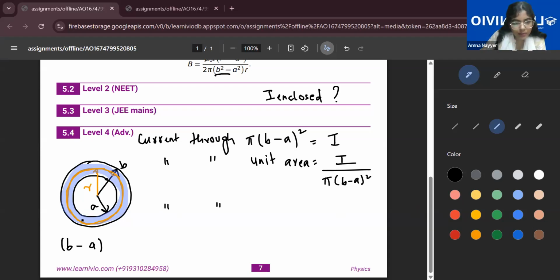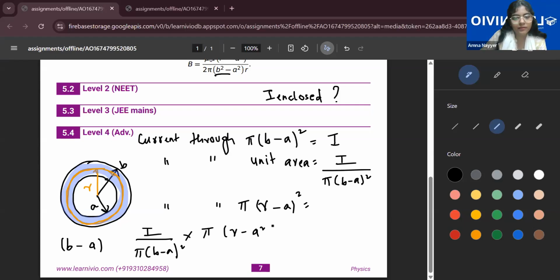This is the area in which we want to find out the current. So the current through pi R minus A whole square will be I by pi B minus A whole square, into pi into R minus A whole square.